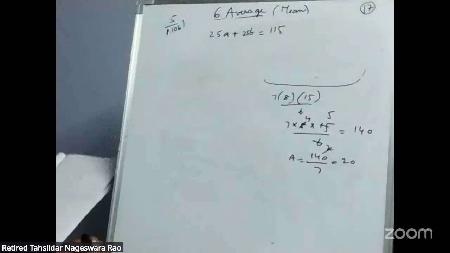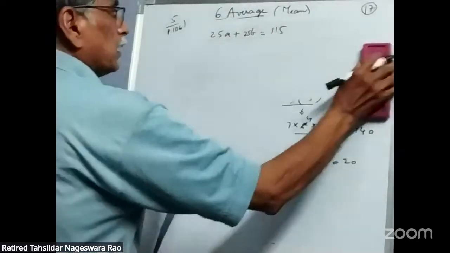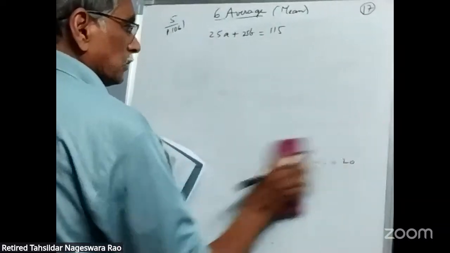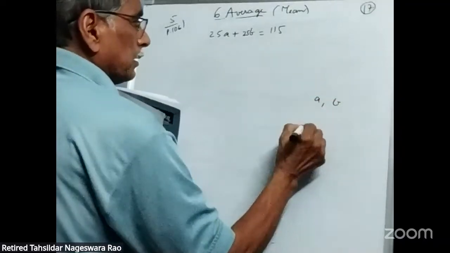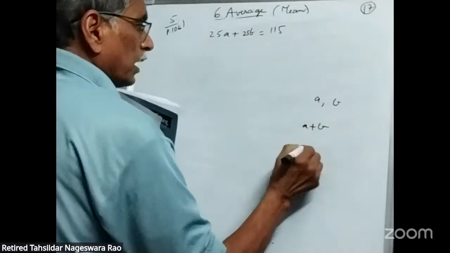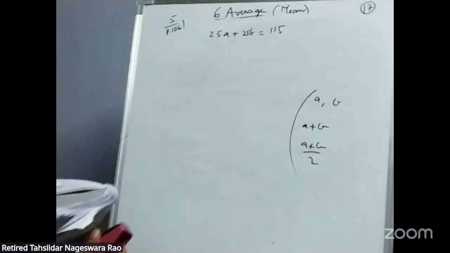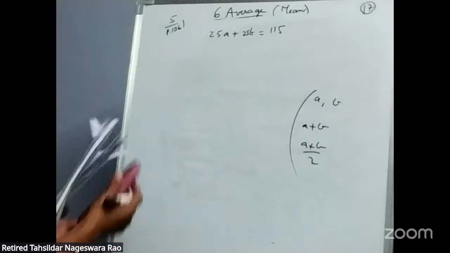What is the average of A and B? Don't think that you need the A value and the B value separately. Understand it like this: whether you get the A plus B value or the A plus B by 2 value, that is enough. The average will be A plus B by 2 only. Directly, the A value and B value are not needed.